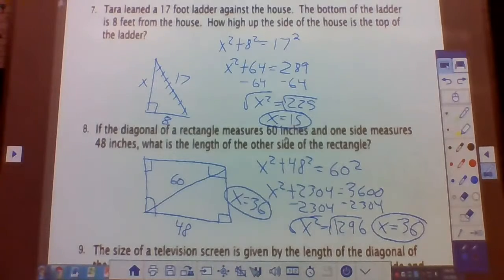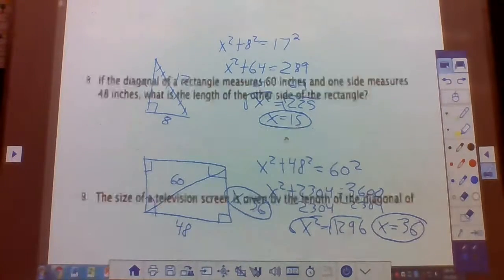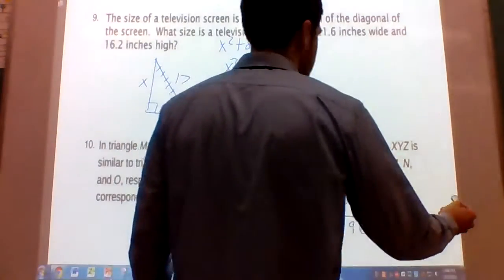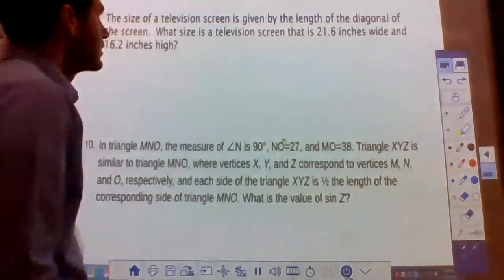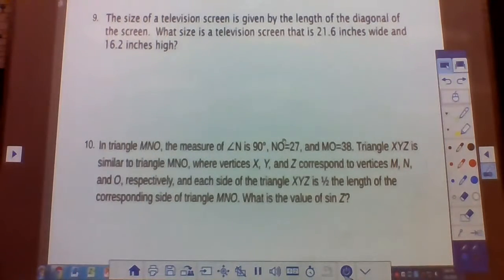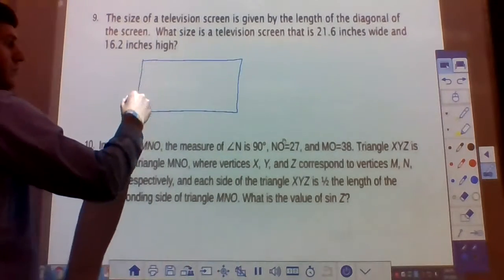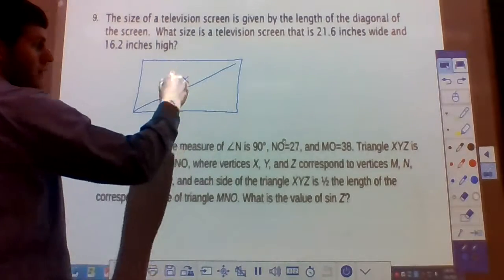Okay, number 9. The size of the screen of a television is given by the length of the diagonal of the screen. What size is a television screen that is 21.6 inches wide and 16.2 inches high? Okay, so again, we have a television screen, diagonal, that's what we're trying to find.